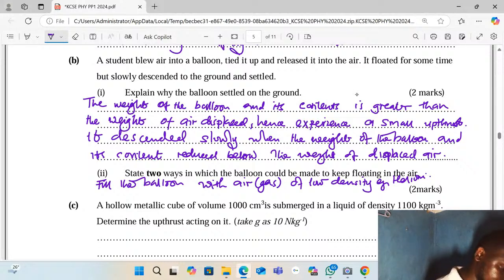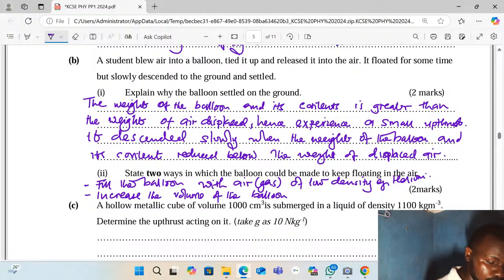We can also decrease the volume of the balloon by heating or warming up.